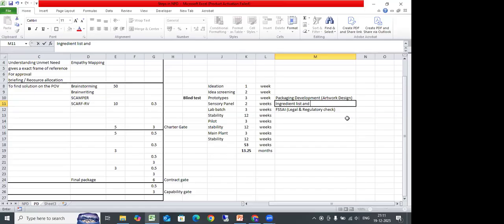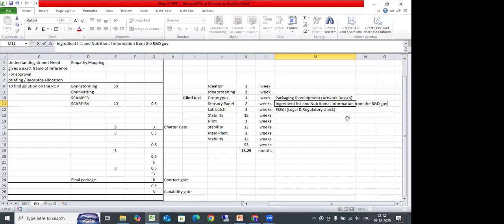Then if she is happy with all the color settings and all, then it will go for legal and regulatory check. Now what will the legal person require, and what will the regulatory person require? He will require the ingredient list, which I am writing right now, and nutritional information from the R&D person, or in this MSME, whoever is doing it.